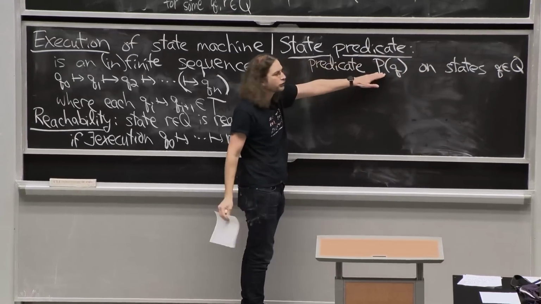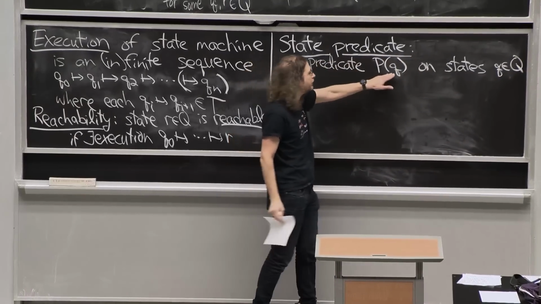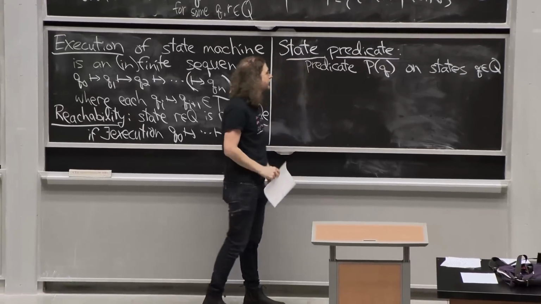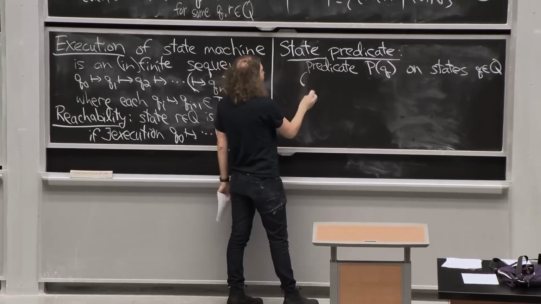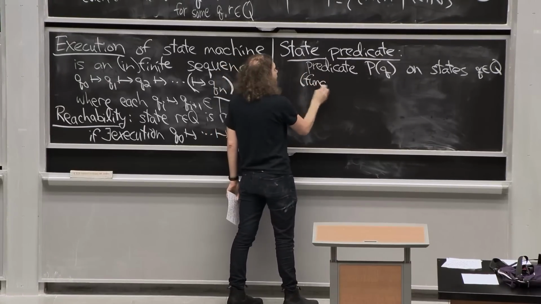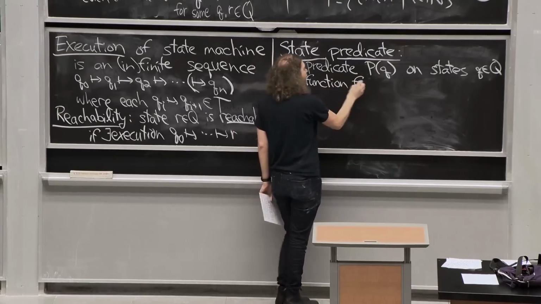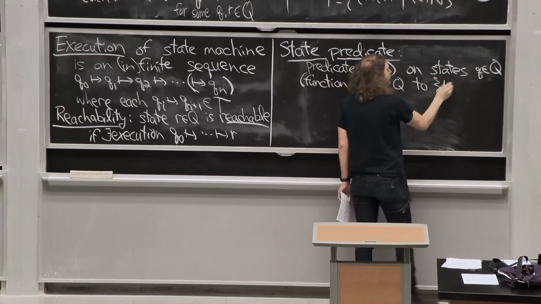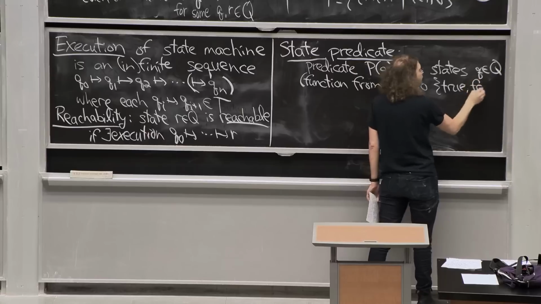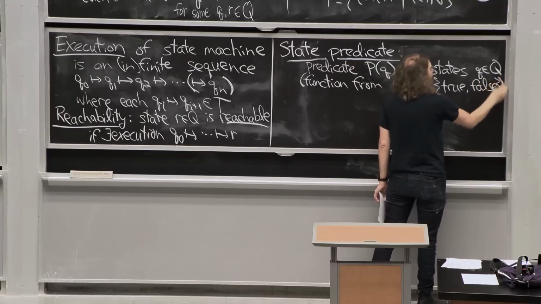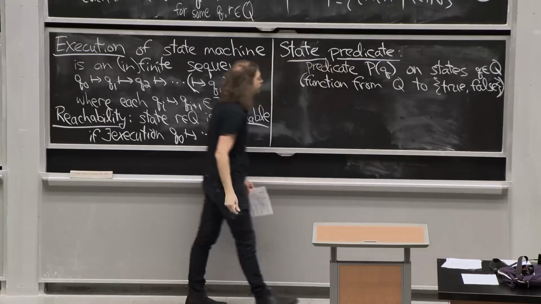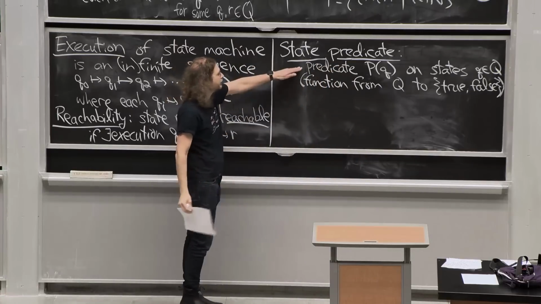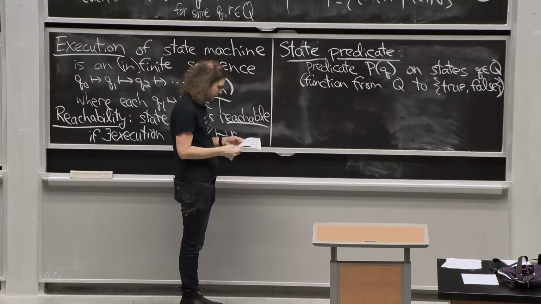So P of Q is either true or false, depending on which state you are looking at. You can also think of this, if you're comfortable with functions, we'll talk more about functions later in the class, as a function from Q to the Booleans, true or false. It's an equivalent way to think about it, whatever you're more comfortable with. For every state, this predicate assigns true or false.